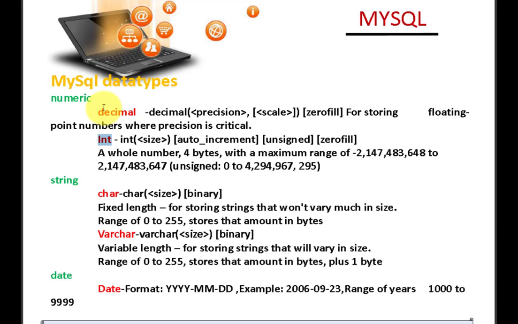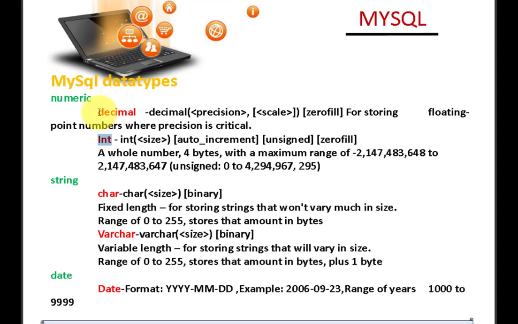When you define the structure of your table, if you want to store a decimal or integer value in a column, you can use the numeric data type. In the numeric data type you have decimal and integer.